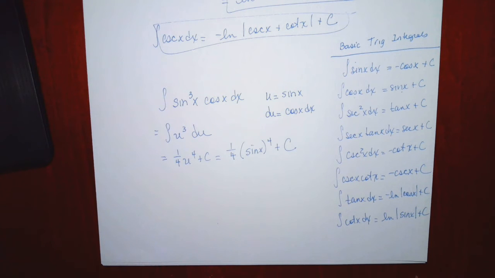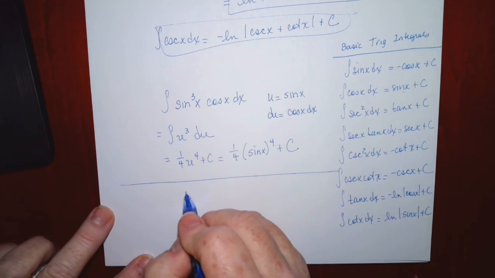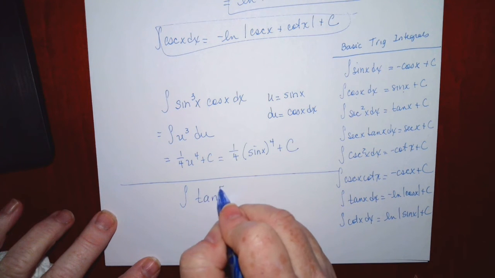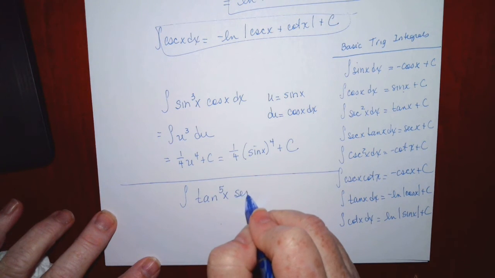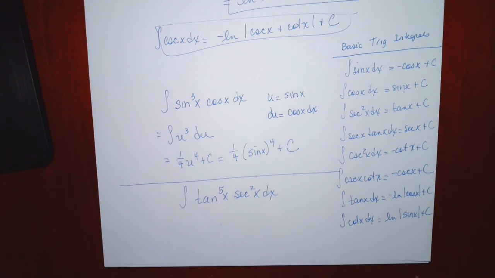So a lot of times when you have products of trig functions, if one part is the derivative of another part, you can do just a straight u substitution. What if you had something like the integral of tangent to the 5th times secant squared? Well, what's the derivative of tangent x?